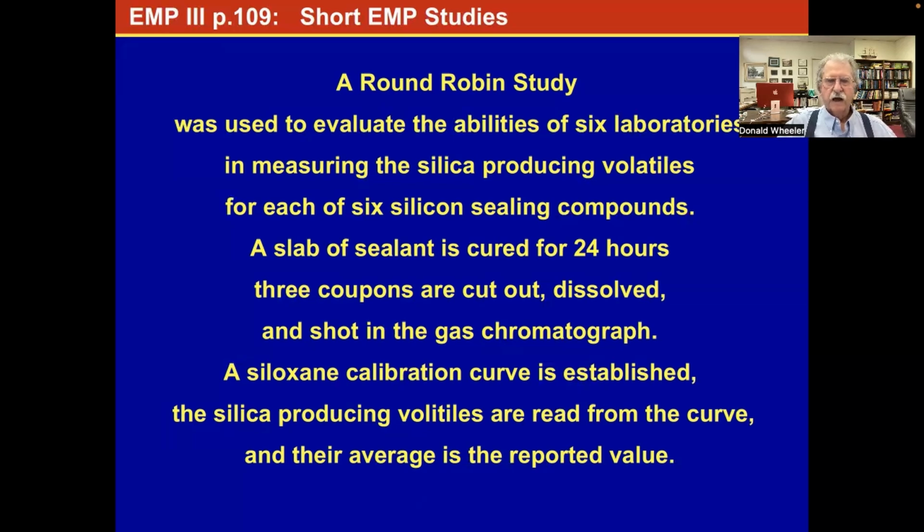A siloxane calibration curve is established, and the silica-producing volatiles are read from the curve. And the average of these 3 readings is the reported value. So this is a complex laboratory test that takes over 24 hours to conduct. So you better get it right.